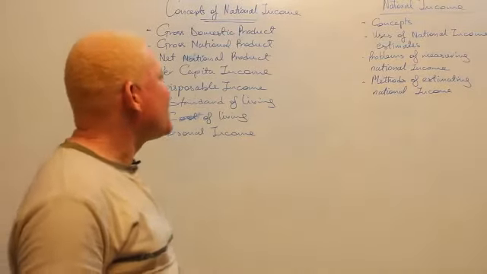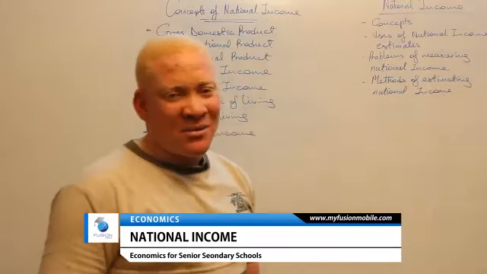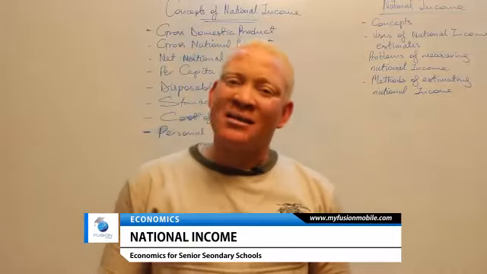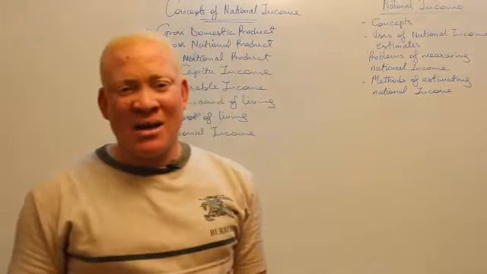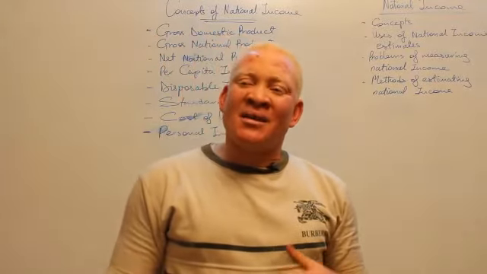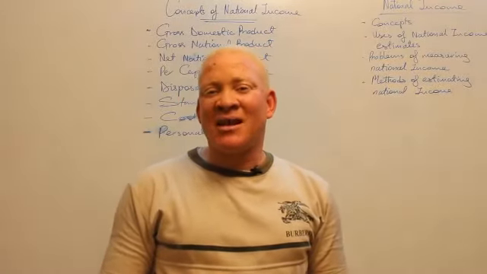Now we move to the next one, the gross national product. The gross national product is the market value of output produced by factors of production owned by a country, whether they are resident within the country or situated abroad. In such case, gross national product considers an open economy.